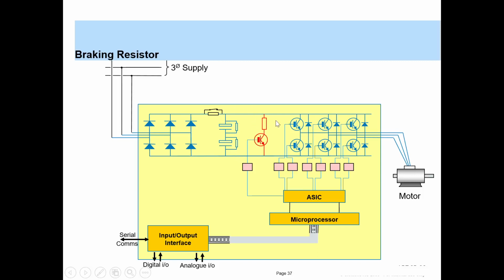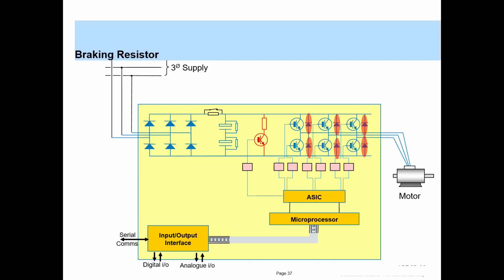So we have a resistor in between to absorb this power. But what if the power which is regenerated is really high? For such cases we have a chopper in between. A chopper is nothing but an IGBT whose firing is controlled, so that the power is dissipated in the braking resistor in a controlled way.